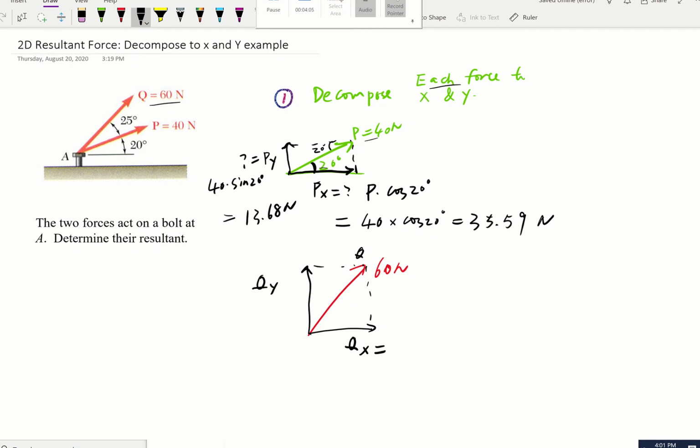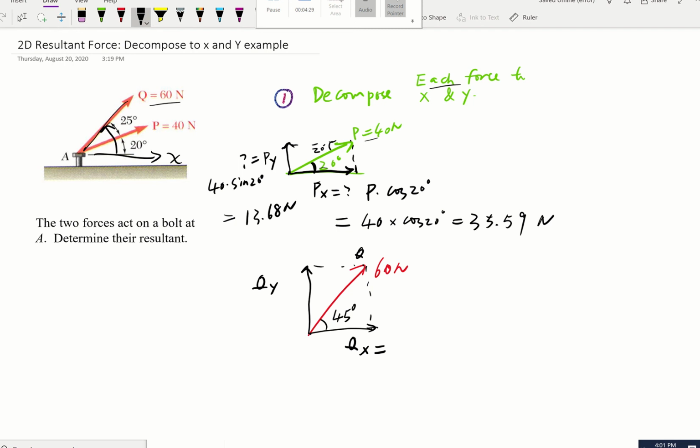Now we need the angle. How do we label that angle here? This is your Q, and this is basically your X direction, right? So from the x-axis to this force Q, what is the angle here? That's right, 20 plus 25. So that's going to be 45 degrees. That's how it comes about.